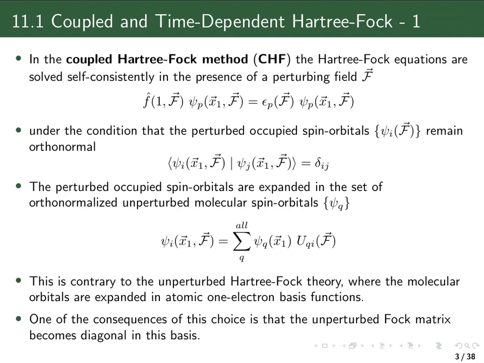And the expansion coefficients will be put in a matrix for which we use the symbol U, which of course indicates that this matrix is going to be a unitary matrix.